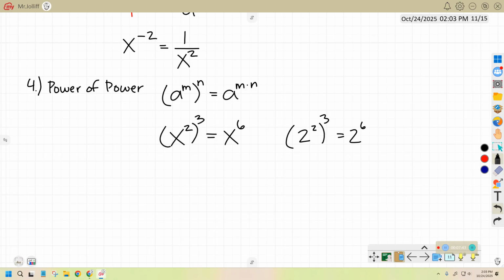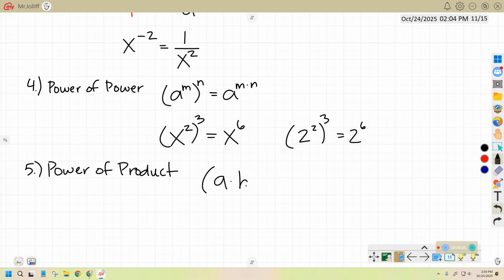Okay. And then we have power of a product. Which means I'm taking a product, which is multiplication, and I'm raising it to an exponent.